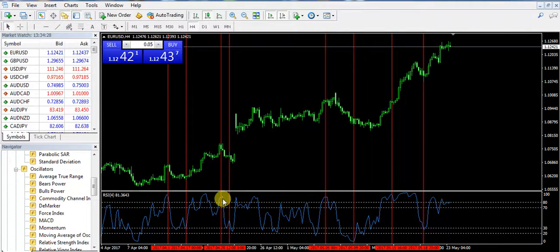And as we can see, the trend strength dropped off again and turned around again. And yet again, when it turned around in this area over here, voila, bam, a very strong trend upwards.